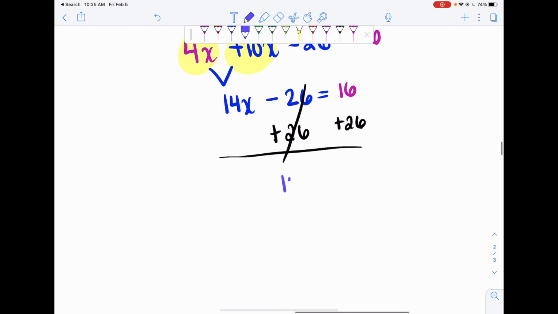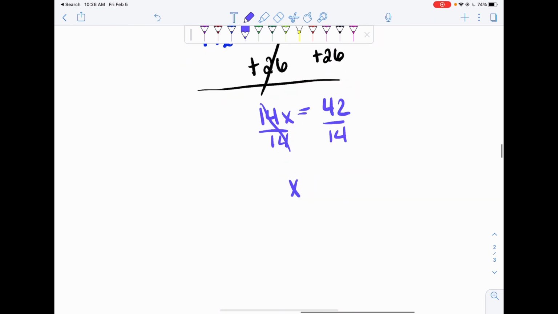Get 14x equals 16 plus 26 is 42. And then I get rid of my 14 by dividing by 14. So I get x equals 3.